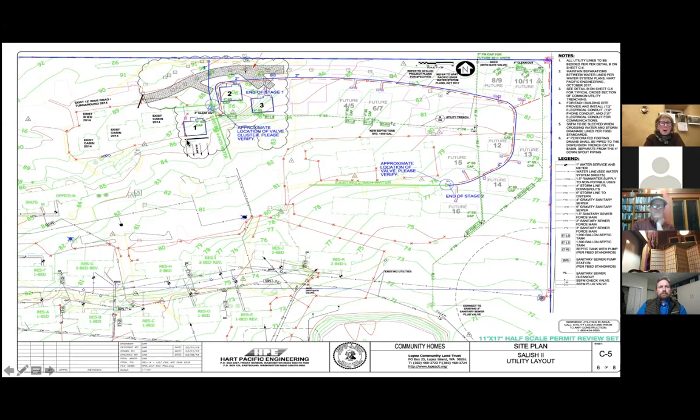You'll notice things like this on a civil plan, and you can probably guess what that is because we talked about it down here: some kind of a dispersion trench.